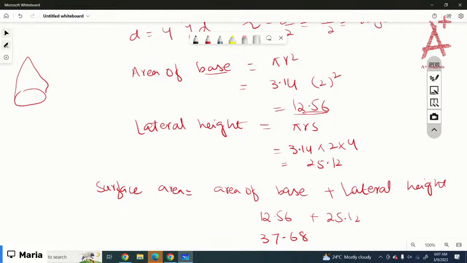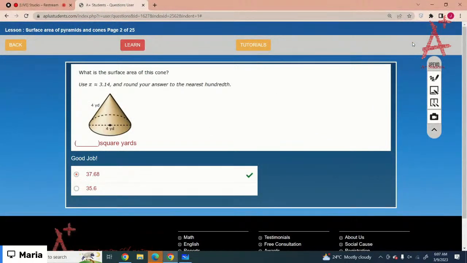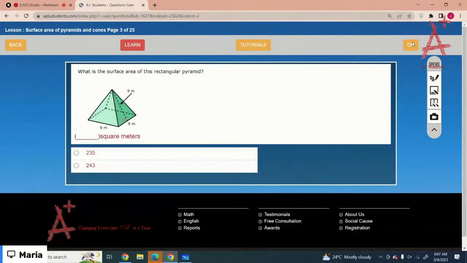So just replace the variables with the values, evaluate using a calculator, and for the final surface area, add the areas of both the circular shape and the triangular shape. That would be 37.68. Got it? So just select the correct option and click on the OK button. The correct option is 37.68.